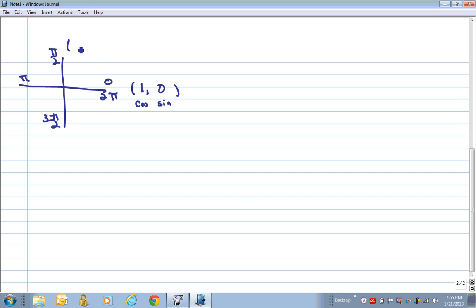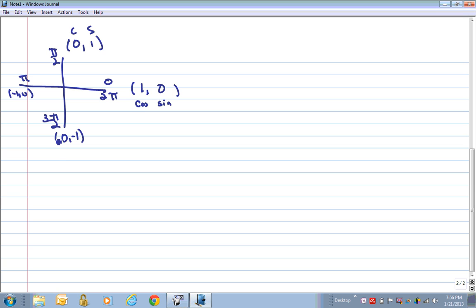Here at the top we would be at (0, 1), again cosine and sine. So at pi over 2, sine is 1. At pi over 2, cosine is 0. So it'll depend on which graph we're talking about in a minute. On this side we're at (-1, 0), and down here at the bottom we're at (0, -1). And then of course we're back here at 2 pi.